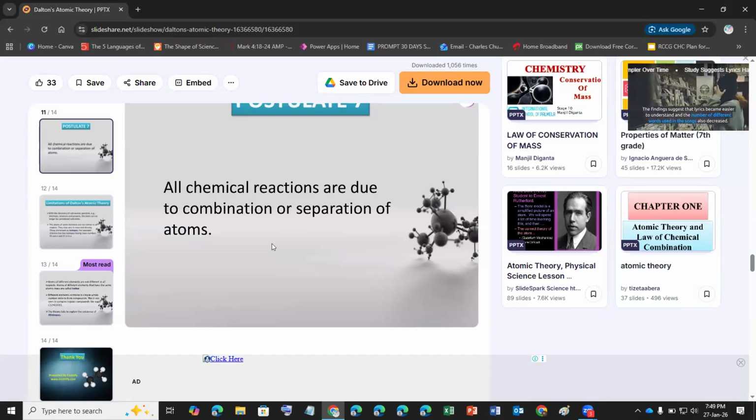Now, what do we mean by separation of atoms? If you have a compound, I'm not sure you've probably seen an example like that, it's one compound, but it's made up of several atoms. Instead of them combining, maybe it's heated.